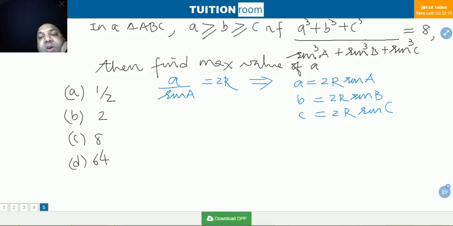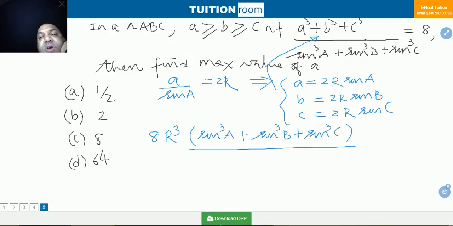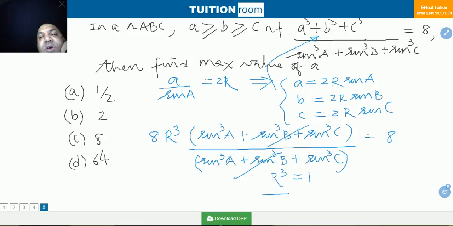Putting these values in this relation, we'll get 8r³, take the common factor, okay, common. We get r is equal to 1.